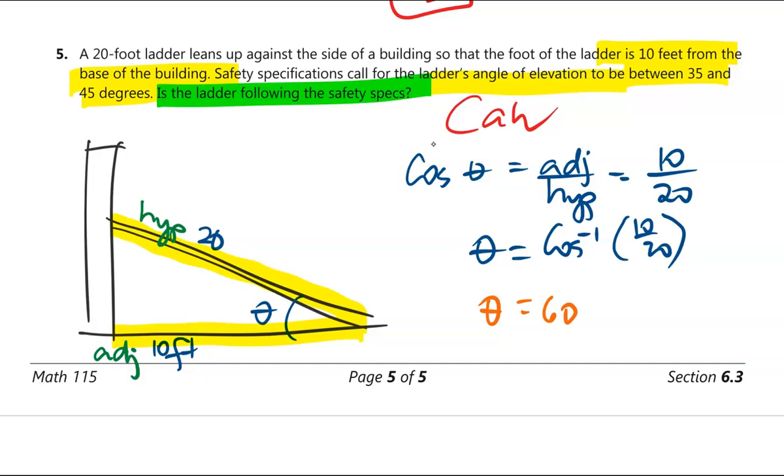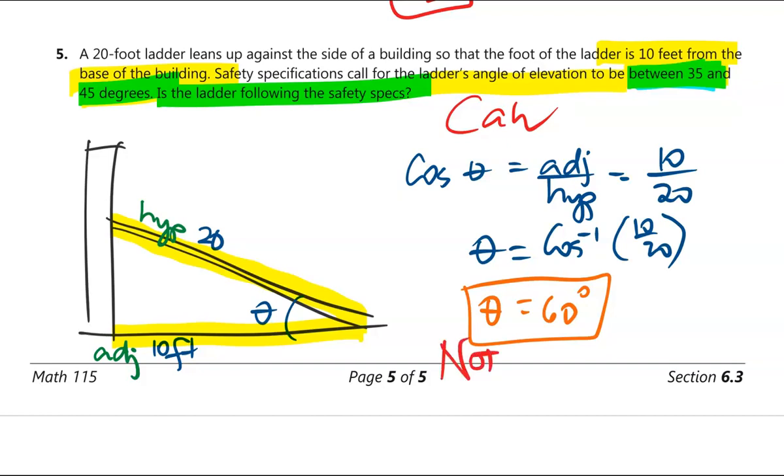You can use a calculator. Inverse cosine of 10 over 20 is 60 degrees. And to recall the safety specifications, it should be between 35 and 45 degrees, and 60 degrees is not between 35 and 45 degrees.